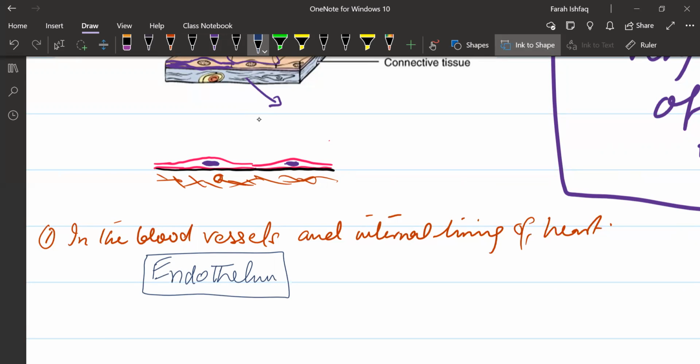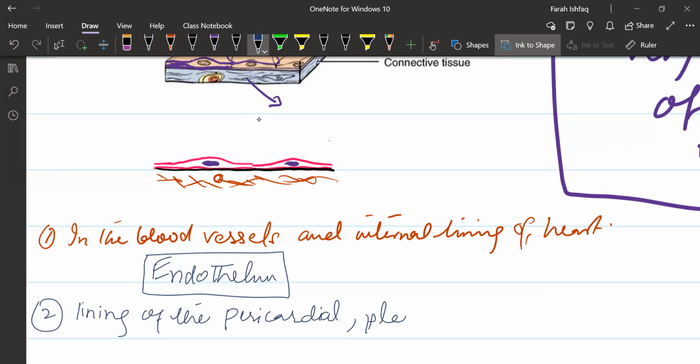So the second place where they are present is the lining of the pericardial, pleural and peritoneal cavities.